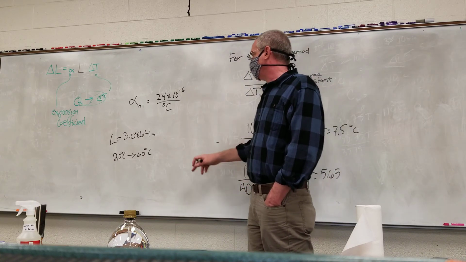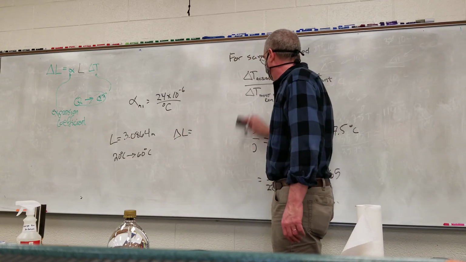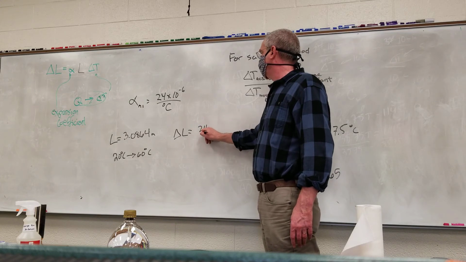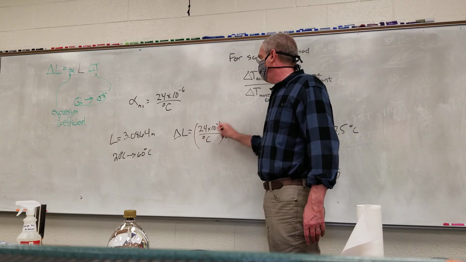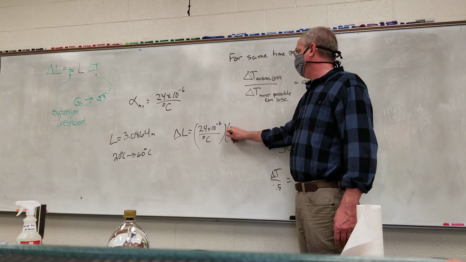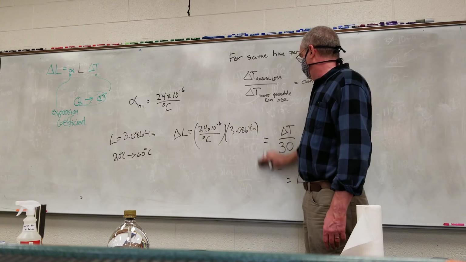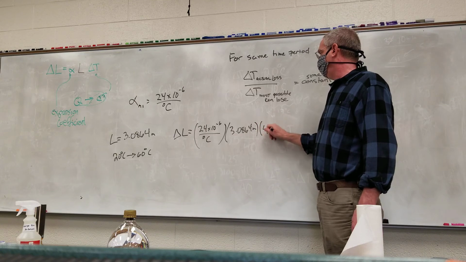Well, straight plug and chug. The amount that the length changes is alpha, which is 24 times 10 to the negative 6 per degree Celsius, times the original length, 3.0864 meters, times the change in temperature, 40 degrees Celsius.